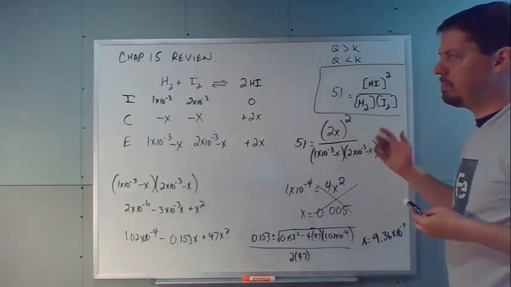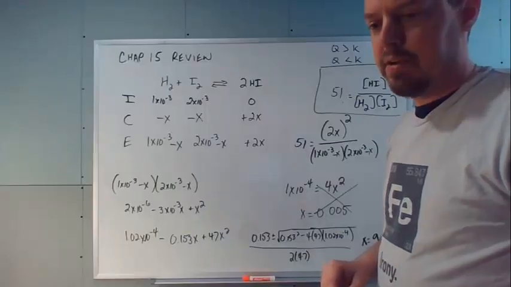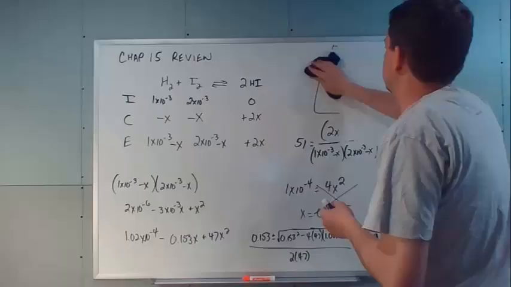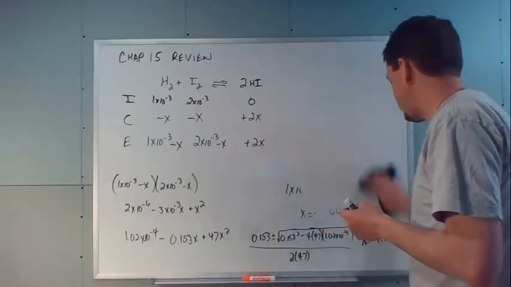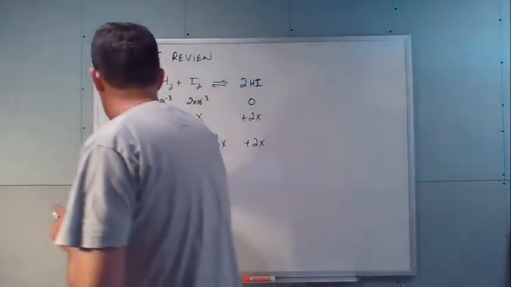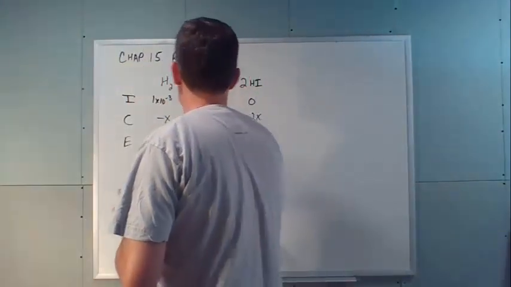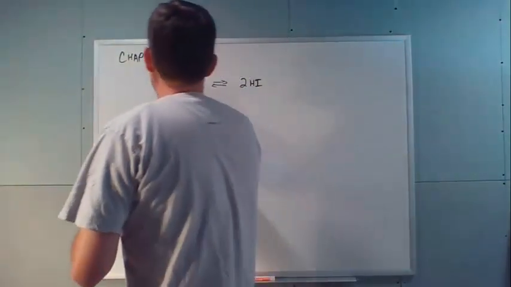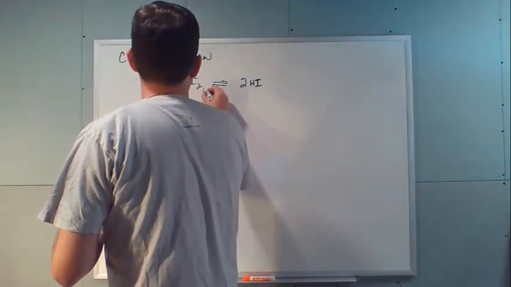All right, so with all that being said, let's talk about Le Chatelier. So Le Chatelier looks at a whole bunch of different factors that we can use to change the equilibrium. So if these are all gases, we have a whole bunch of things in play.